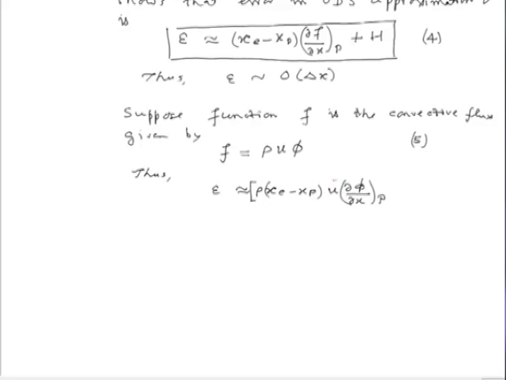Now, if you compare epsilon in 6 with the definition of diffusive flux. Normally diffusive flux, let us call it Fd, we would represent as gamma times del phi by del x at p, where gamma is diffusivity.